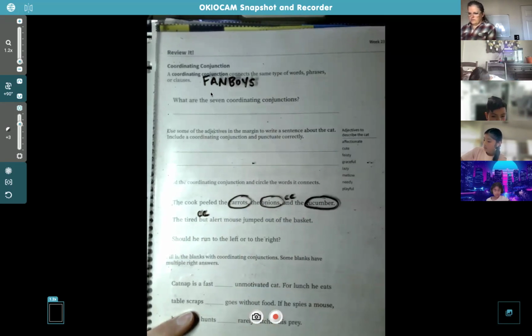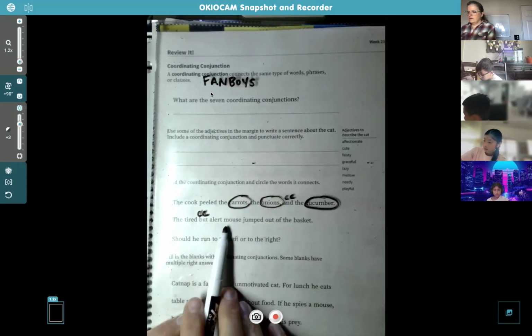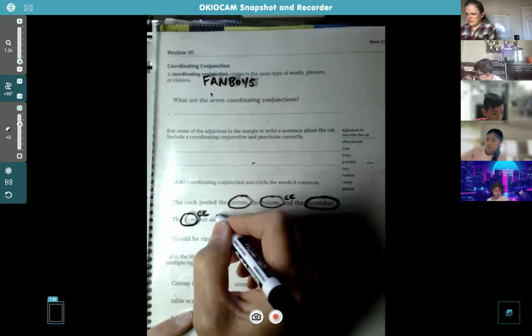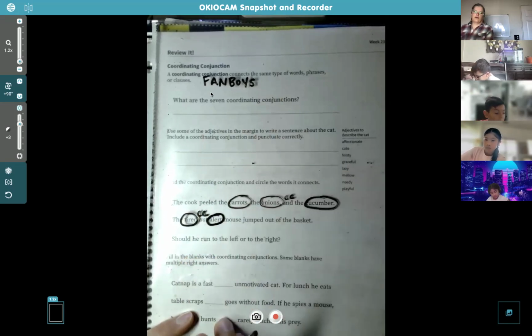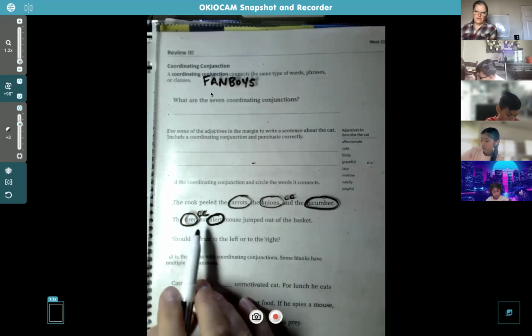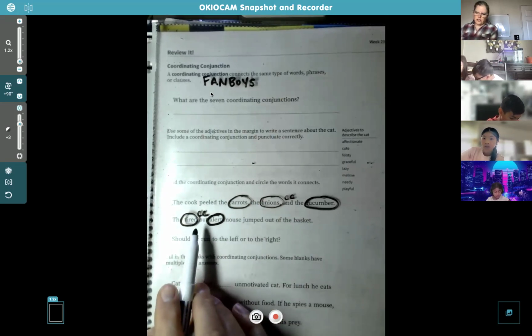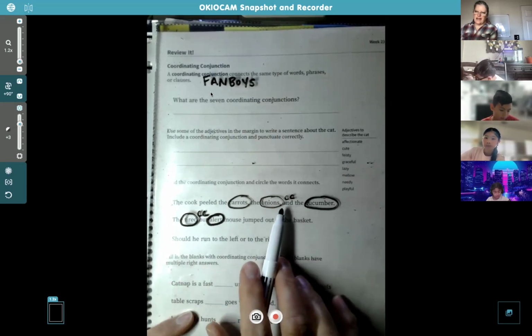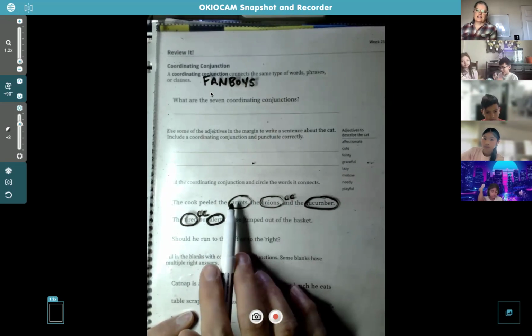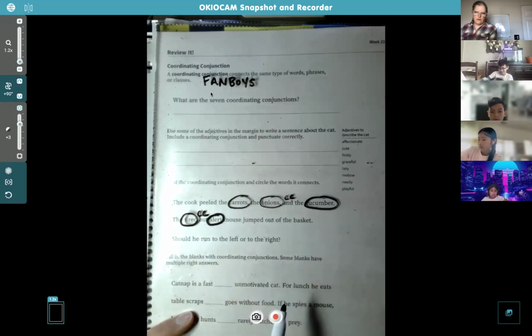Mouse? No, not tired mouse. Tired, yes, and alert, yes. Those are both adjectives, by the way. So it's connecting two adjectives. They happen to be on either side of the coordinating conjunctions, and sometimes they're not exactly on the other side. Like this one has the, even though it's connecting carrots, onions, and cucumber.